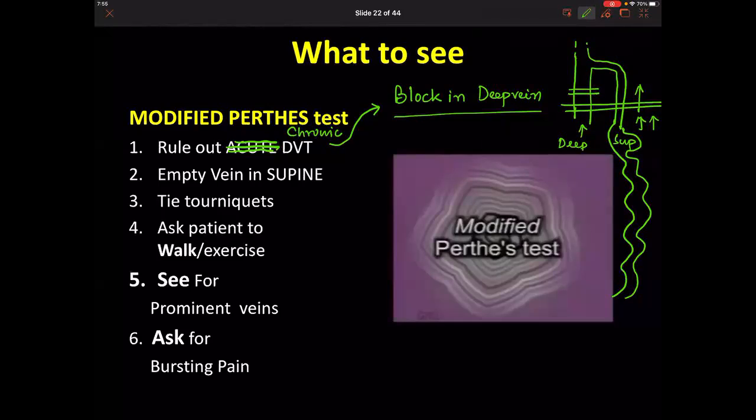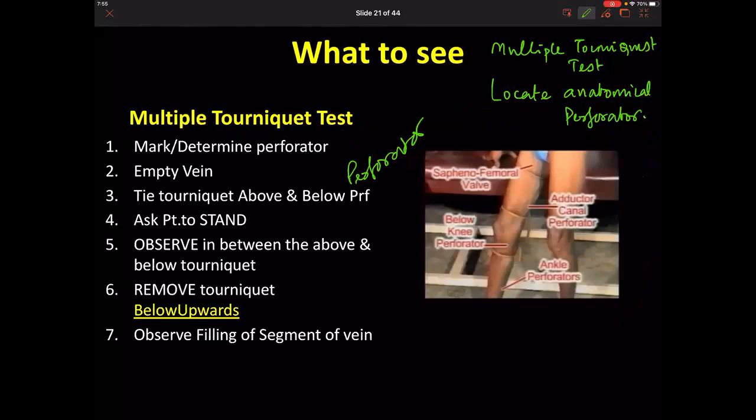If I am stopping the venous return from the superficial vein, then the only route the blood has to go is through the deep vein. Understand it again. The logic of this test is very straightforward.